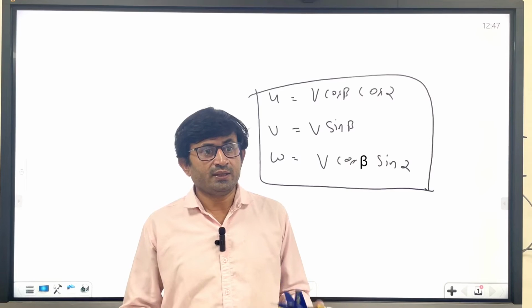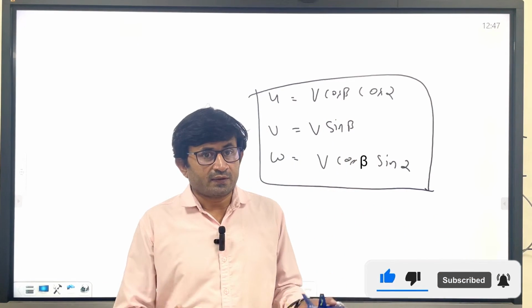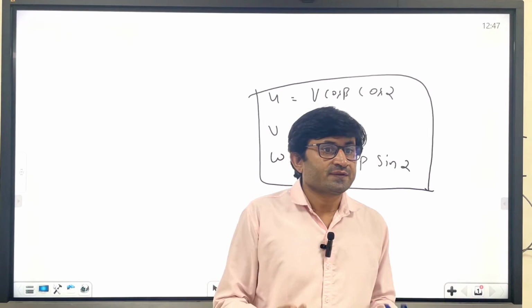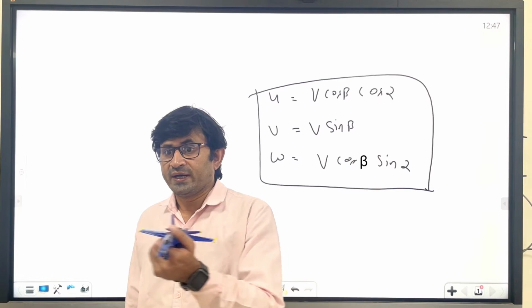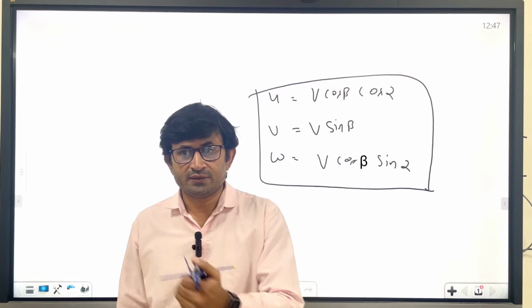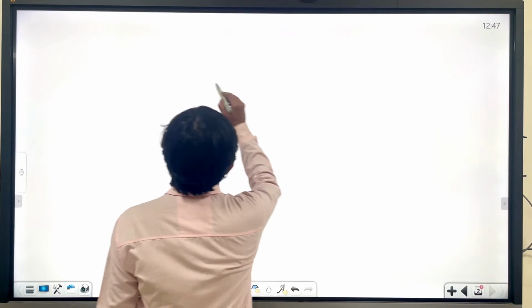I already explained in the aircraft dynamics lecture the aircraft six degree of freedom equations, where we saw the y direction equation, v dot. That is the equation we will take. So what is that equation?